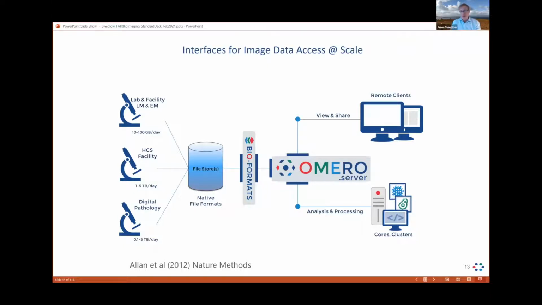So with Bioformats in OMERO, here's how we end up structuring how we handle data with these tools. If you think about a standard imaging facility producing, usually tens to hundreds of gigs, sometimes terabytes of data, many different modalities.